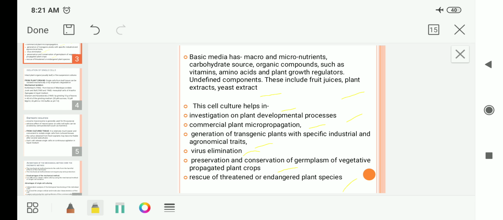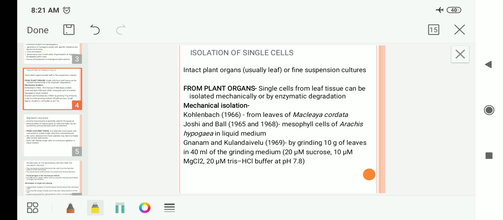Now, for cell culture, how can cells be isolated? It can be done either from the intact plant organ, or you can use the suspension culture system. In some cases, cells can also be obtained from the cultured system.